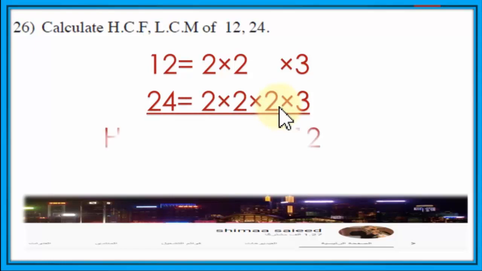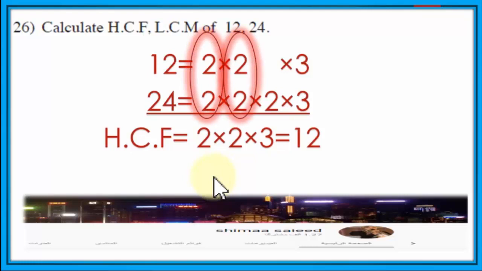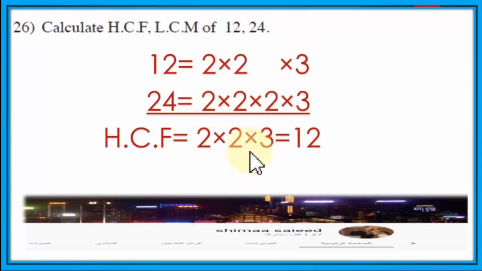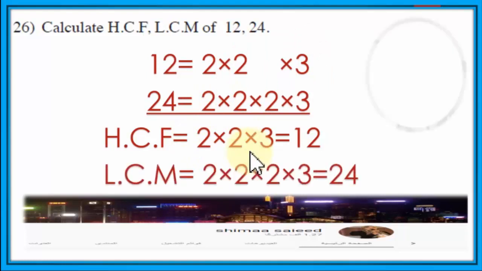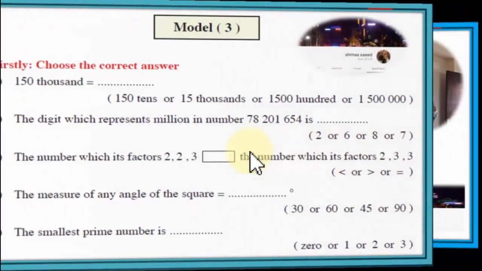So the highest common factor, which is HCF, equals 2 times 2 times 3 equals 12. But the lowest common multiple, LCM, equals 2 times 2 times 2 times 3, which is 24. So LCM equals 24 and HCF equals 12.